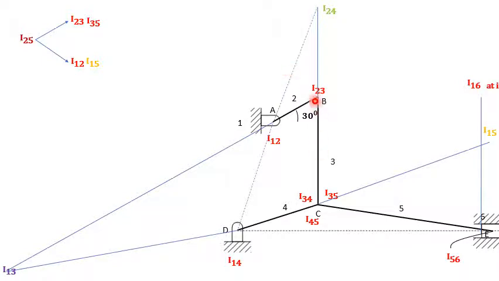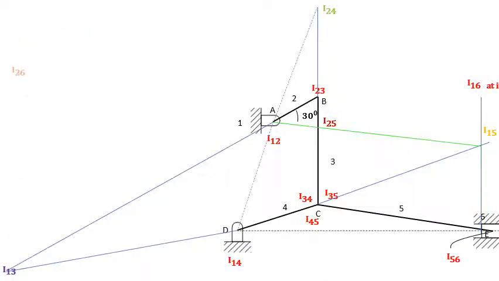This line is enough, no need to draw any further line for this set. But we have to connect I12 and I15 to obtain I25. Wherever this line cuts the other line, that intersection point is I25.